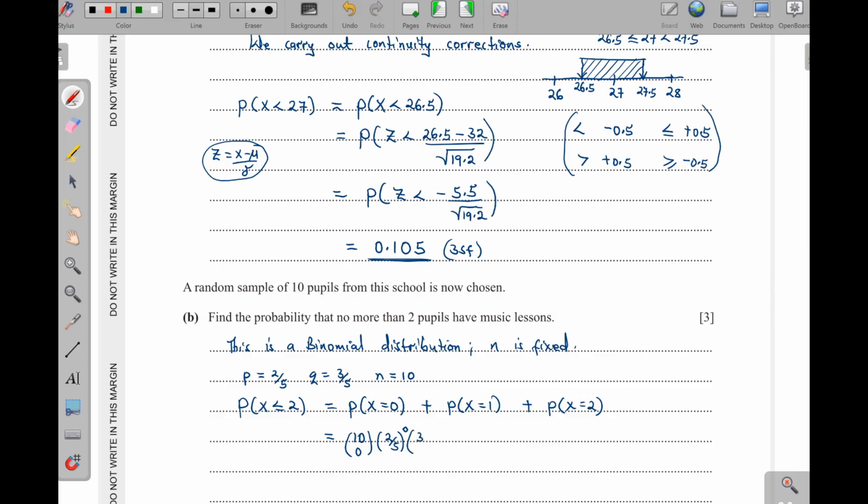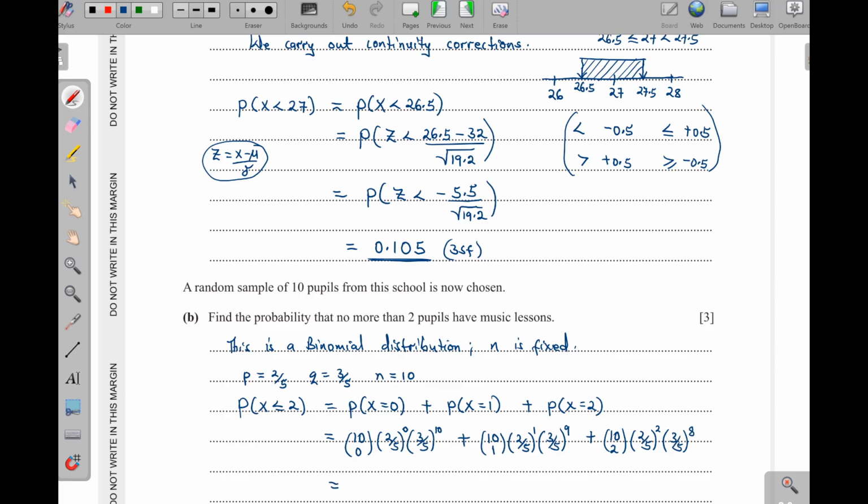And then we have 3 over 5 to the power of 10, because when you add these two powers, they should give you the n. Then the next one is going to be 10 combination 1, then 2 out of 5 power 1, and then 3 out of 5 to the power of 9. Then lastly, we have 10 combination 2, then 2 out of 5 power 2, and then 3 out of 5 power 8.